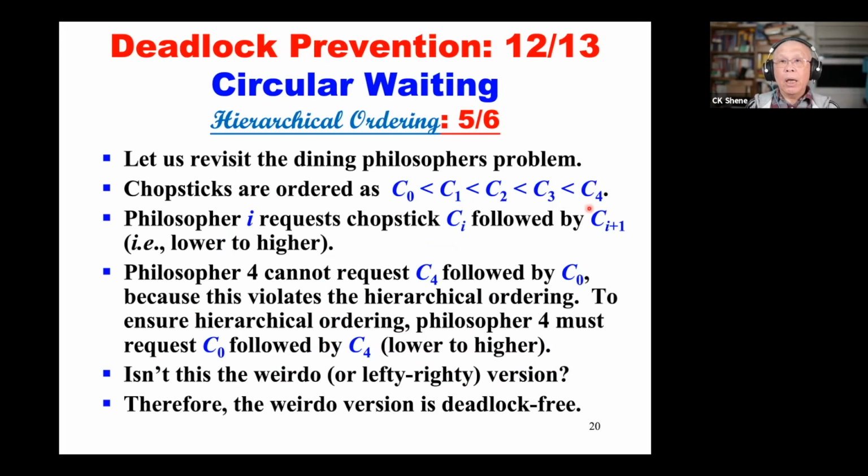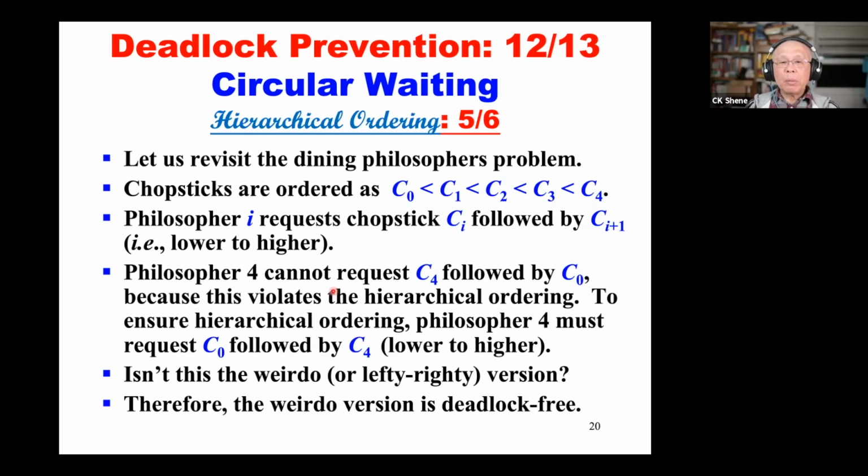Chopstick 4 is at the highest level. So philosopher i requests chopstick Ci followed by Ci+1. Okay, it only goes up. So when philosopher i gets Ci, the next request must be higher.